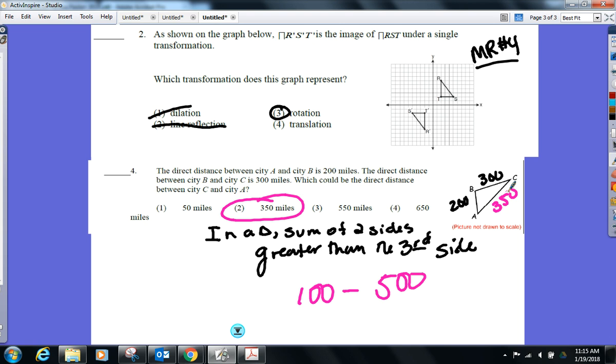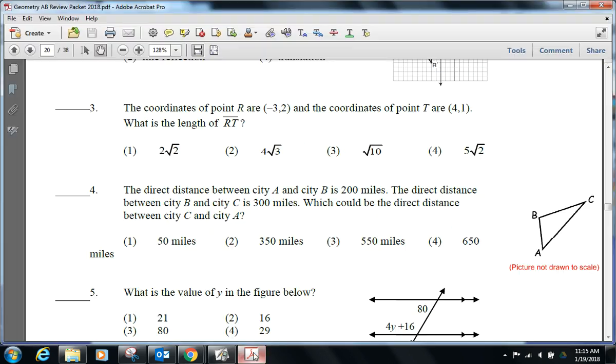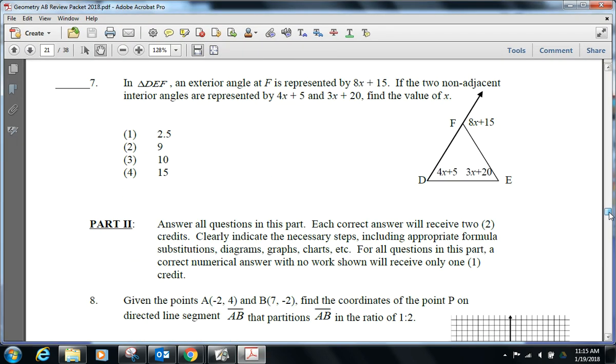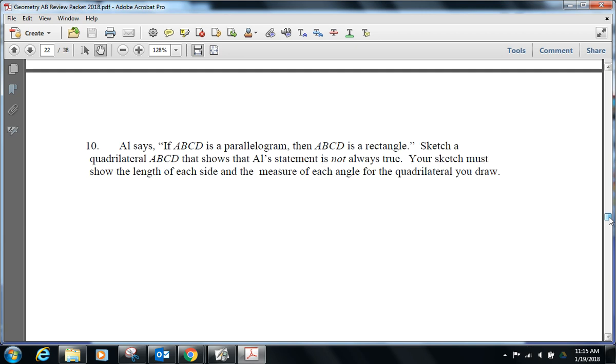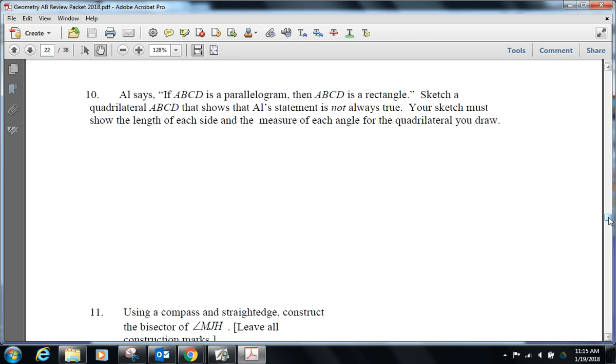So for this one, you just had to... Number 10. You just had to prove or make a drawing that there were no right angles? Yeah. You had to make a diagram that had to be a parallelogram. So your opposite angles should be congruent. Consecutive angles should add up to 180.